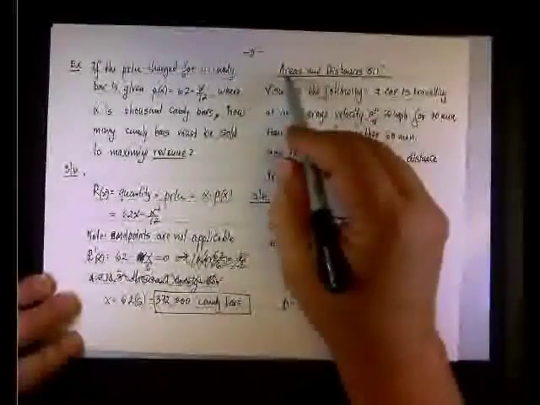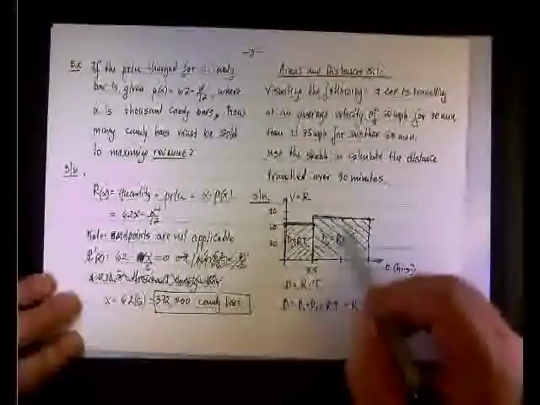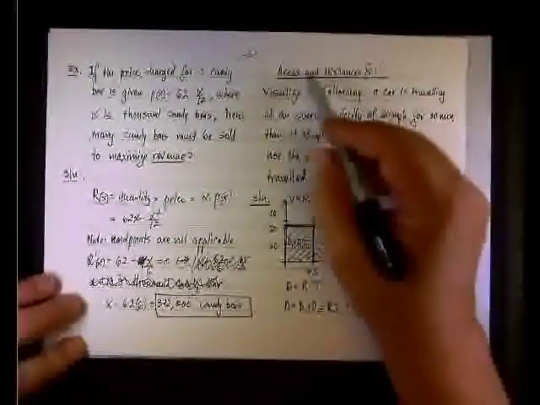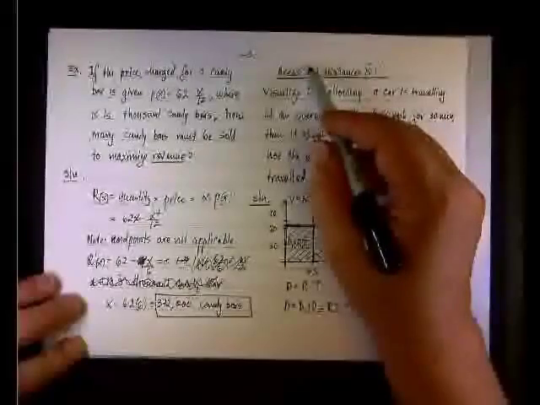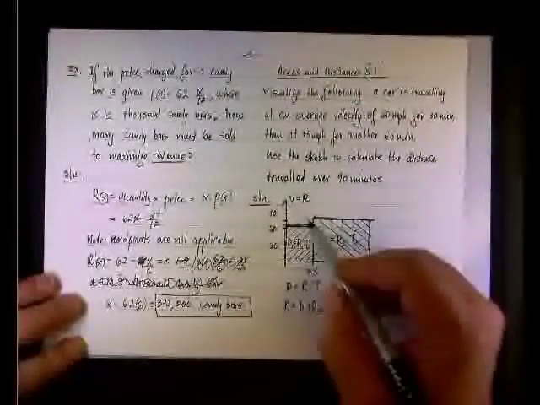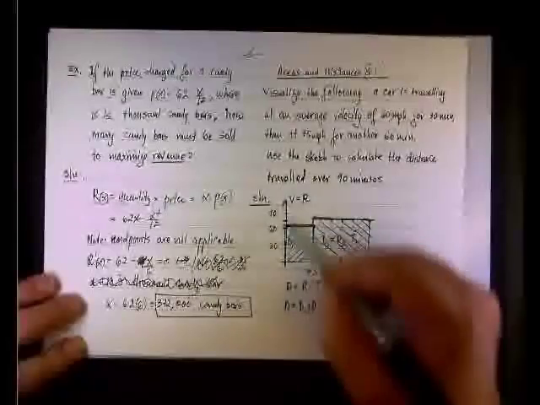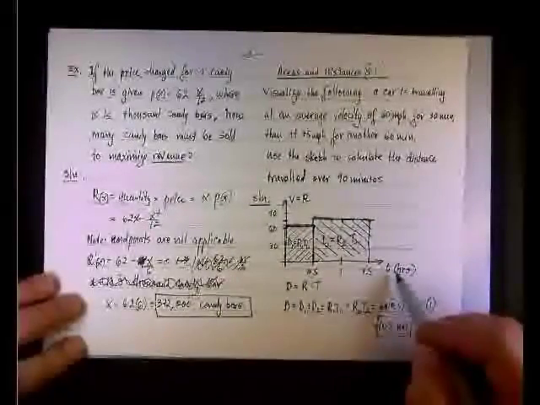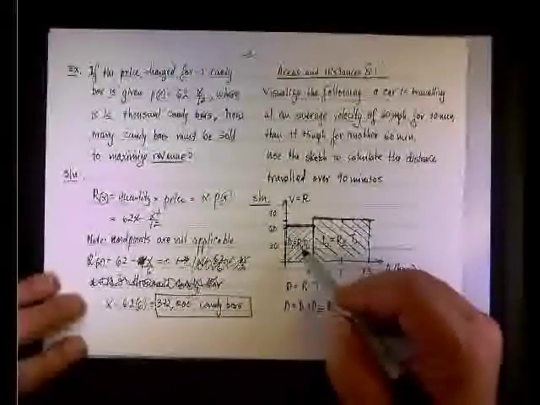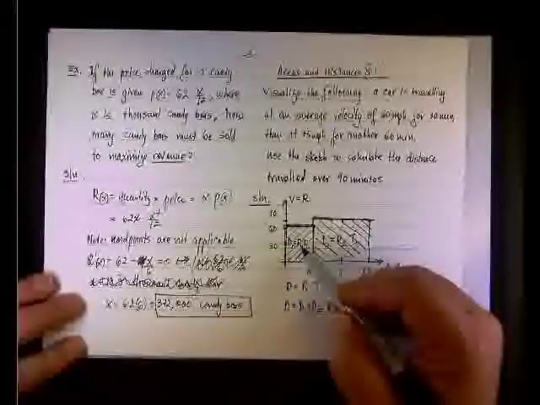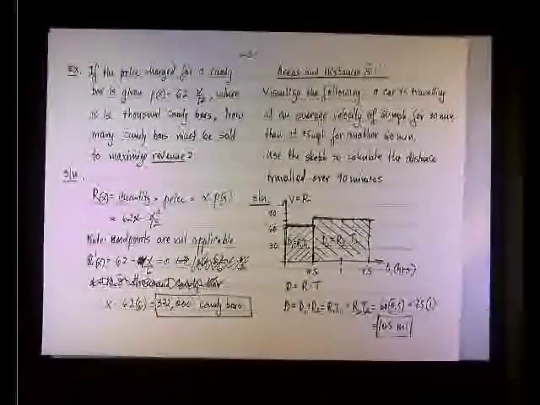So the title of the topic is area and distances, and I could have written here area equals distance, because when we visualize the graph of velocity over time, the area below the velocity represents the distance. Let me give you another example that will fortify this idea.